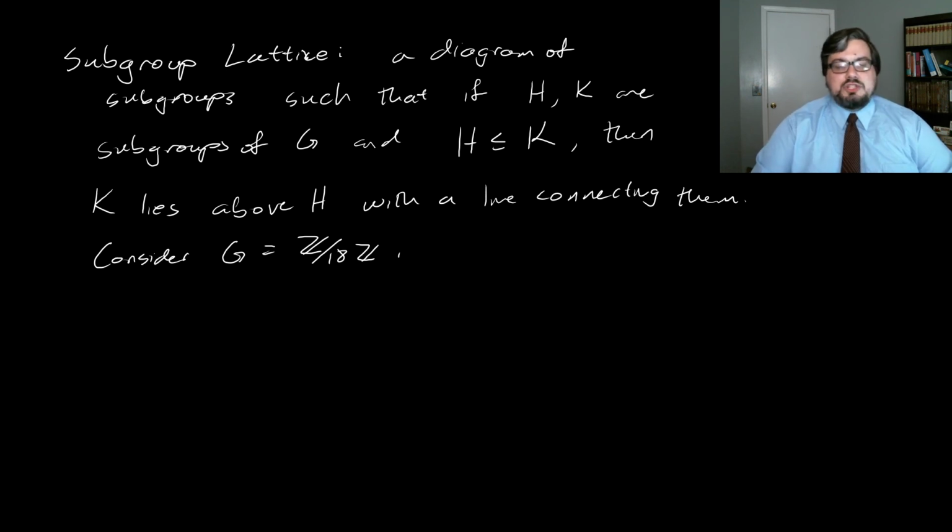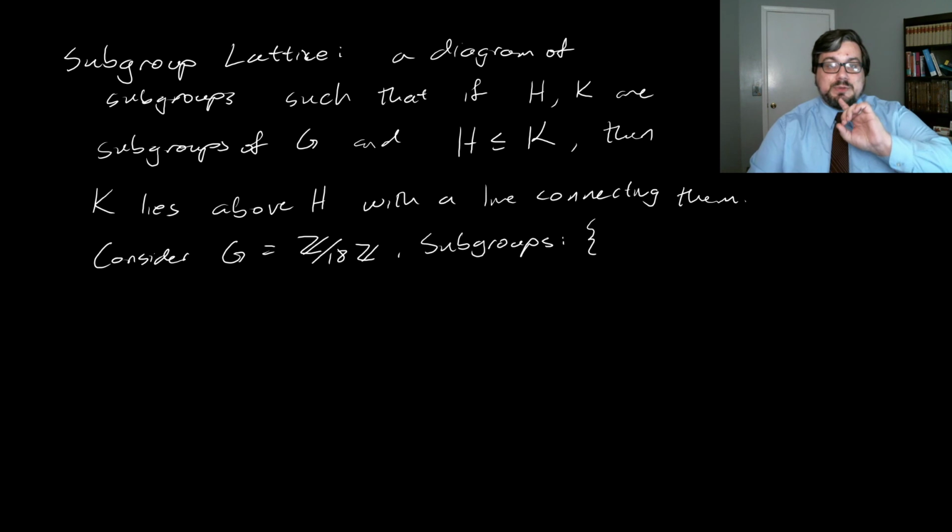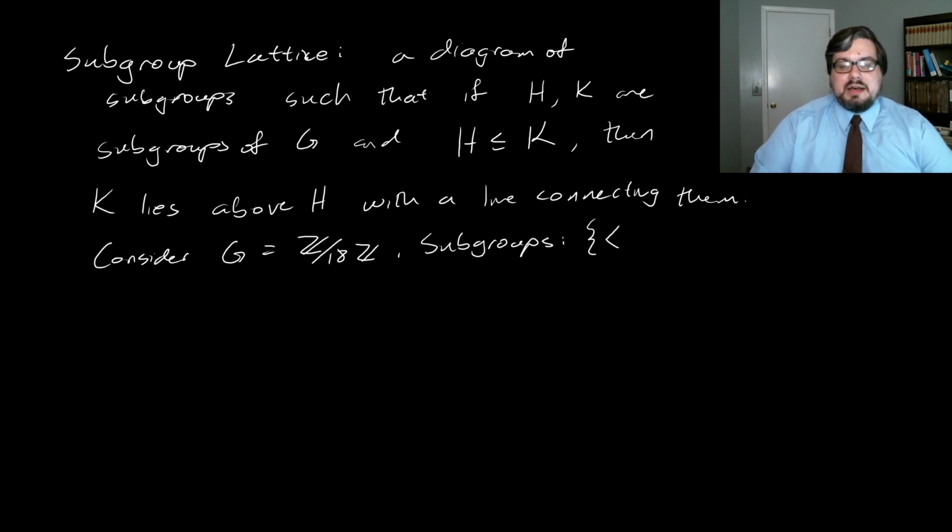Now, the group G has a single subgroup corresponding to each divisor of 18. So if we list the divisors of 18, we have 1, 2, 3, 6, 9, and 18. Those are all the divisors of 18.